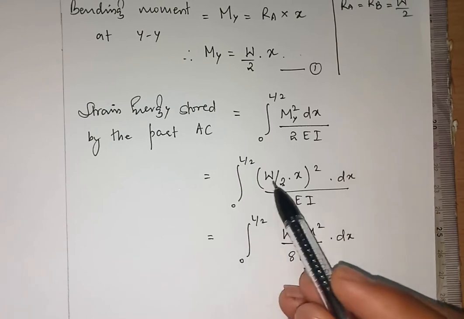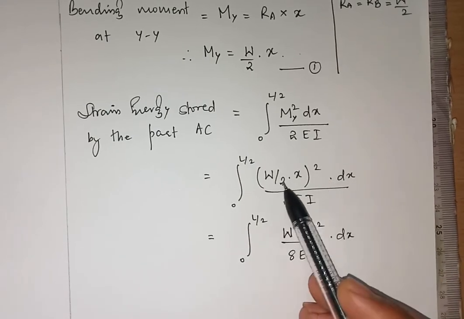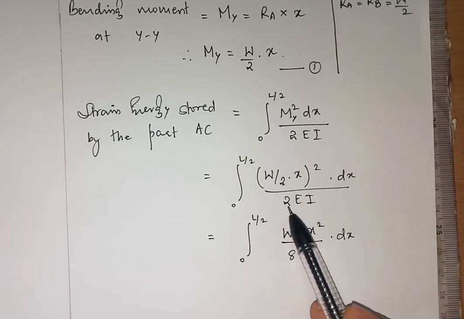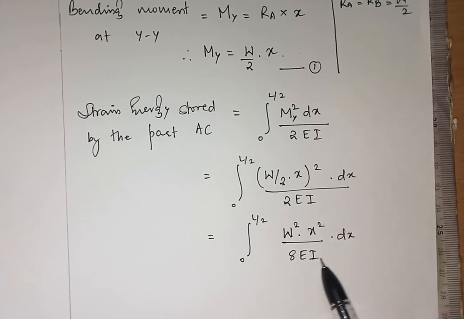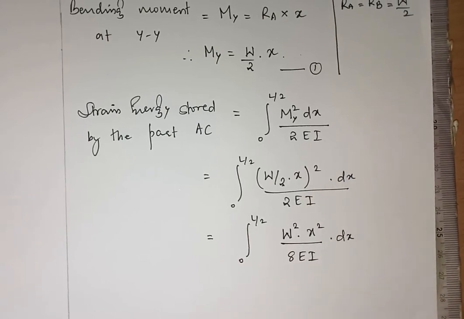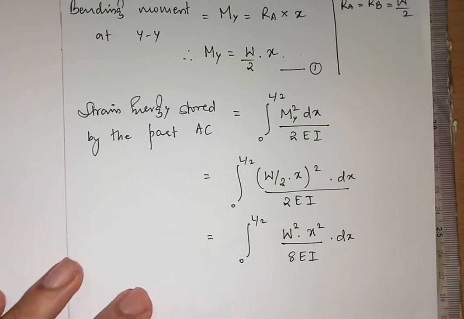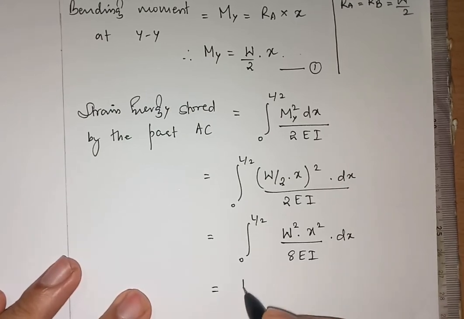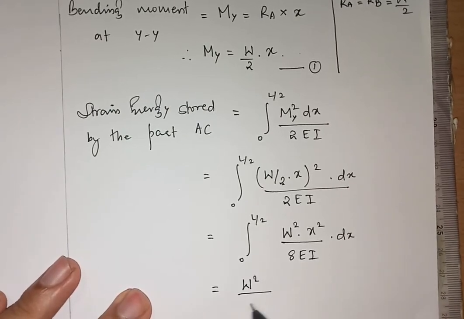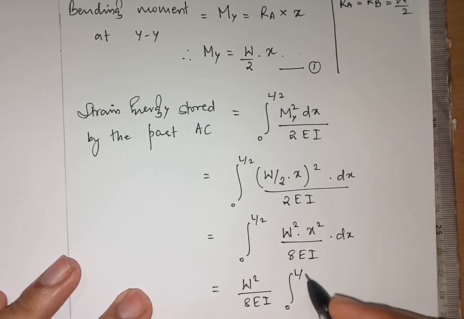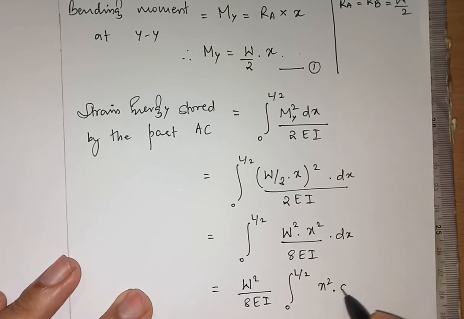I'll tell you once again. W the whole square is W square, 2 square is 4, that 4 multiplied by this 2 becomes 8 EI, x the whole square is x square. Whatever are the constants, please keep them out. It is W square divided by 8 EI. Now the integration will be 0 to L by 2 of x square into dx.